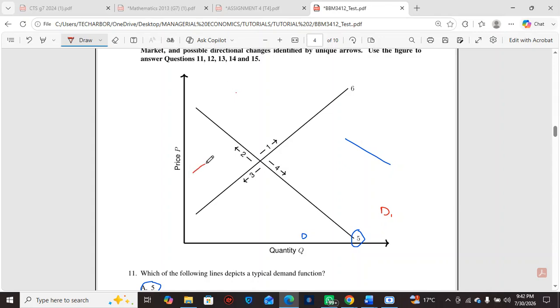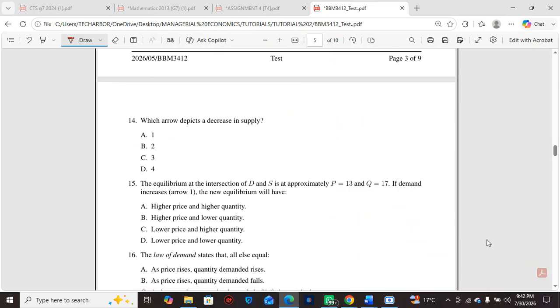So when curve 6 shifts like this, that is arrow 2, a decrease in supply. So there you just need to know about the supply and demand curves, when demand increases or decreases, or supply increases or decreases.